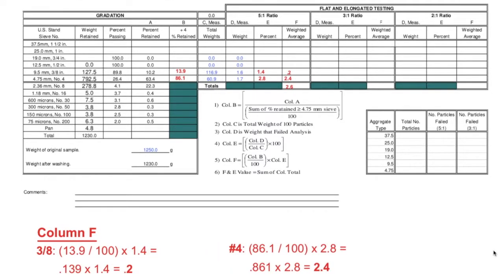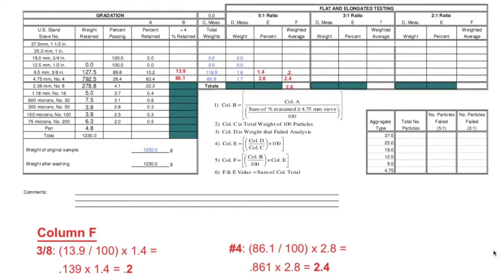Let's move to column F. In the middle of the page under numeral 5, column F, the formula is column B divided by 100 times your column E. Column B represented the plus 4% retained.